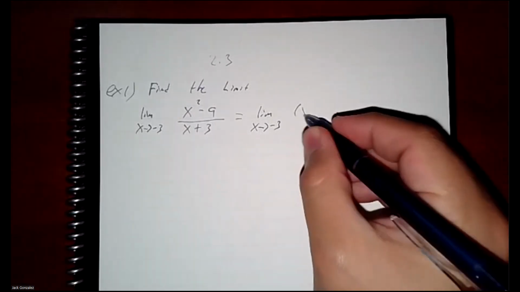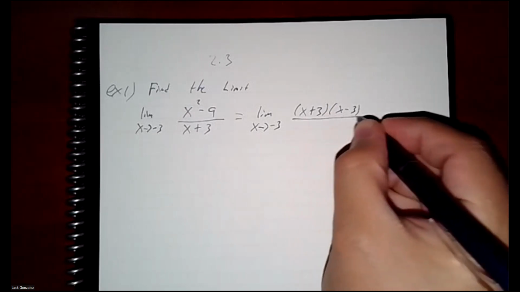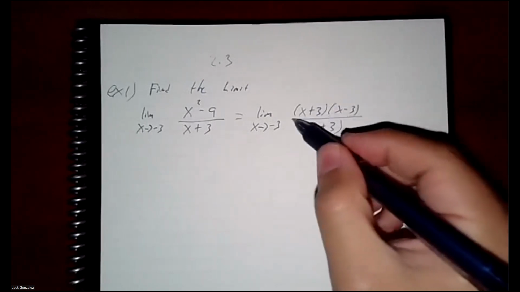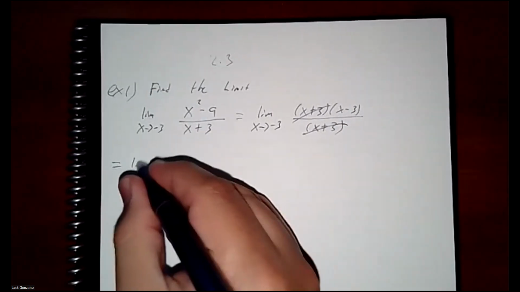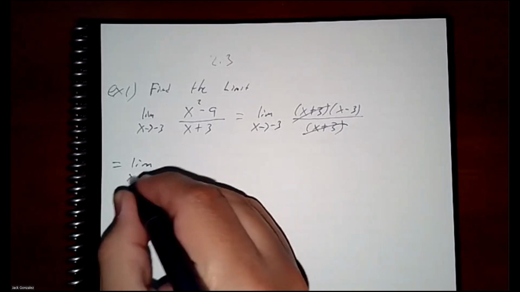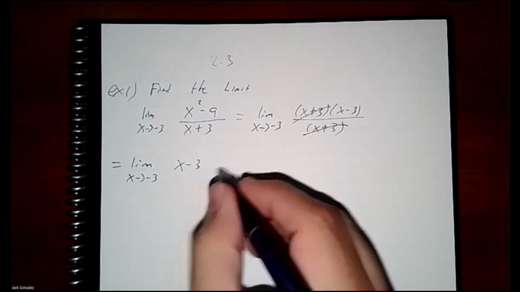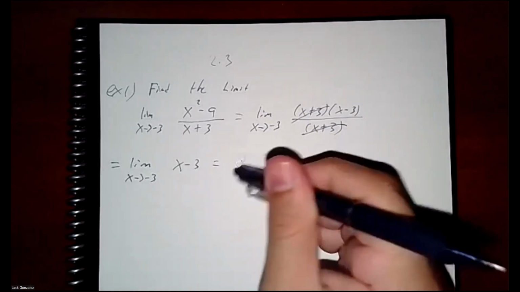Because the top part, you agree, is a difference of squares, right? Because in a factor like this, these will cancel, leaving me with this last term here. Does that make sense?